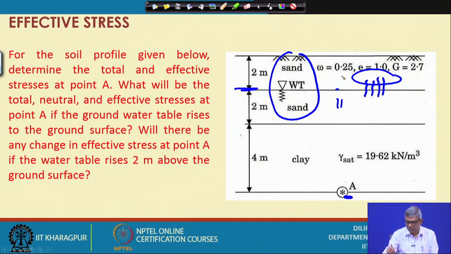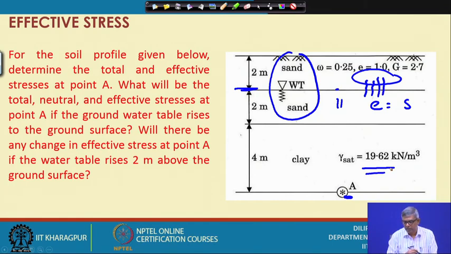So, the void ratio is known, the water content is known, and it is saturated. Assuming this condition, I can find out the unit weight, and the clay saturated unit weight is already given. So, these things are to be calculated first.